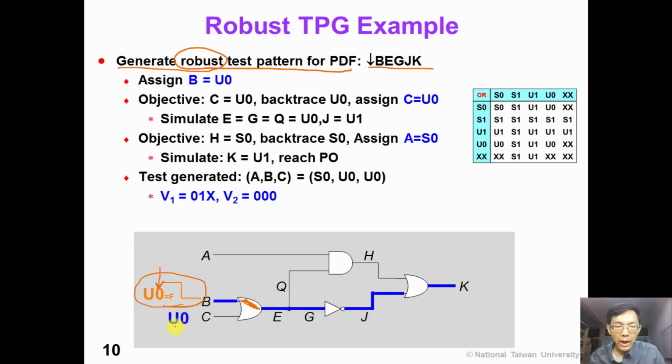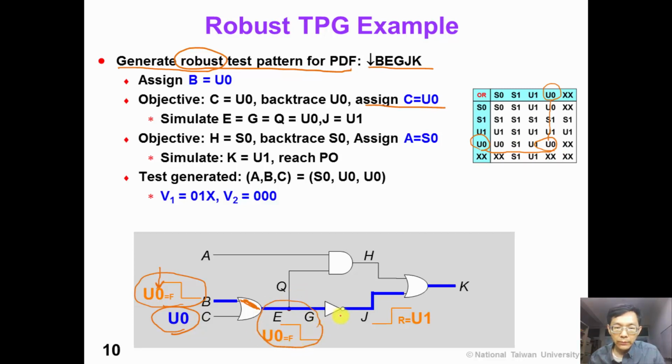We can require a U0 on the off-path signal. So we can assign C to be U0. On this 5-value table, we can see that if one side input is U0 and the on-path signal is U0, the output would be U0.